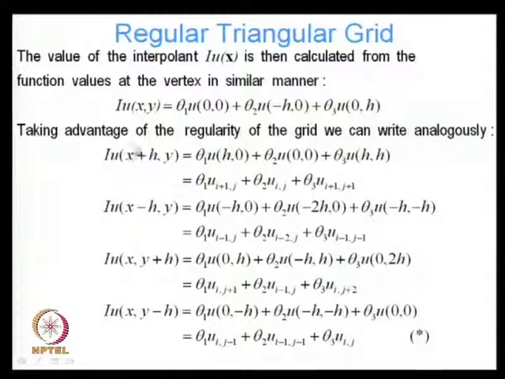So, I can write these r u x plus h y, r u x minus h y, r u x y plus h and r u x y minus h in terms of these grid point values scaled by my barycentric coordinates, but you note that we are using the barycentric coordinates of my original point x, right. I am using the barycentric coordinates of the point x at which I want to evaluate the Laplacian. I do not have to recalculate the barycentric coordinates because of the regularity of the grid, right.